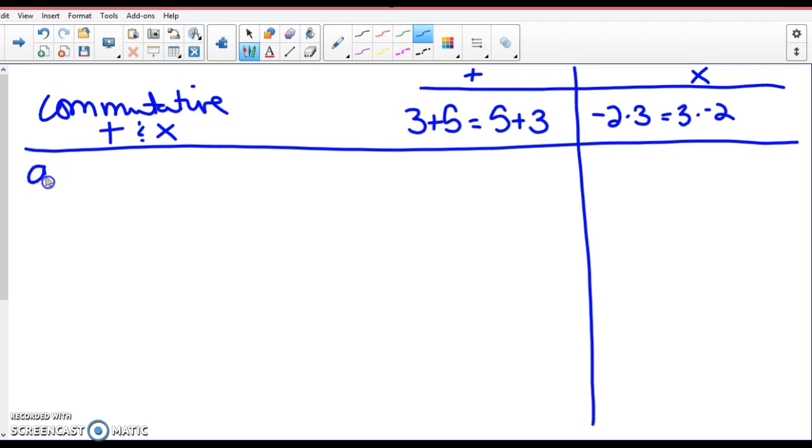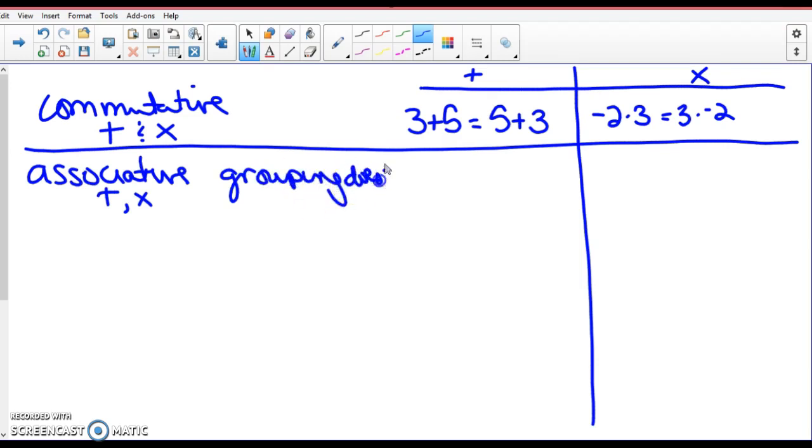The associative property. And again, this is for addition and multiplication. Grouping doesn't matter. Now, I like to remember this way: the people you associate with, aren't they your group of friends?